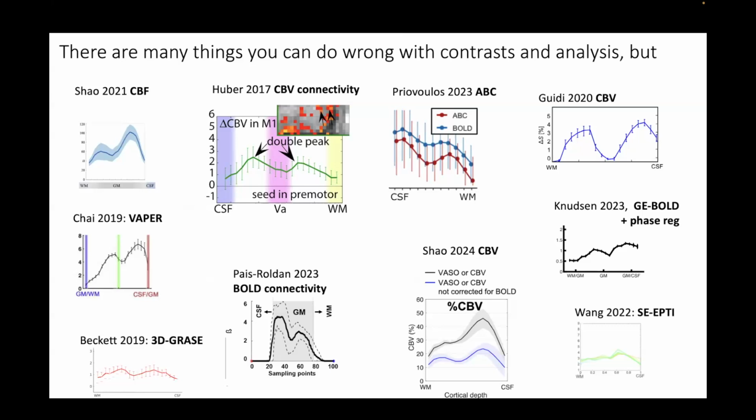Here, for example, looking at this kind of bimodal hump in the primary motor cortex, you can get this with blood flow, with BOLD. You can get this with connectivity. You can get this with other contrasts that I didn't even touch on, arterial blood volume imaging, with phase regression. You can do this with vertex-based layerification or voxel-based layerification. If you know what you're doing and you account for veins and the things that you know are your compromises, then I think you can get very, very stable results out of it.